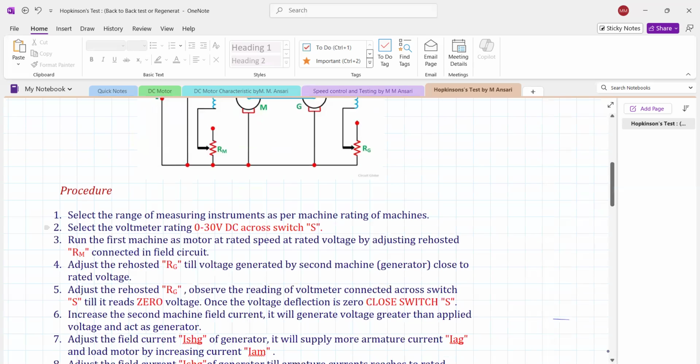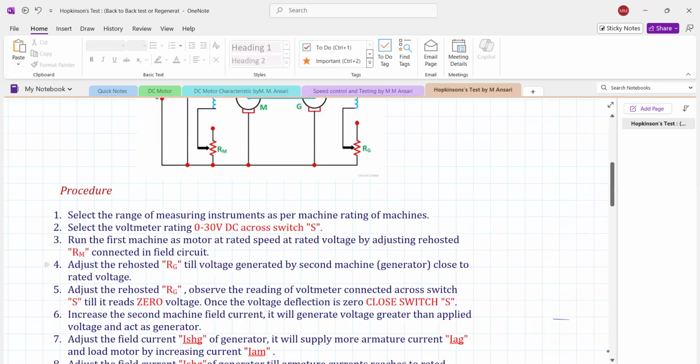So it is written in the same way. Select the range of the measuring instruments as per the rating of the machine. Select the voltmeter 0 to 30 volts across the switch. Run the first machine as a motor at rated speed and rated voltage by adjusting the rheostat RM, which is connected in the motor field circuit.